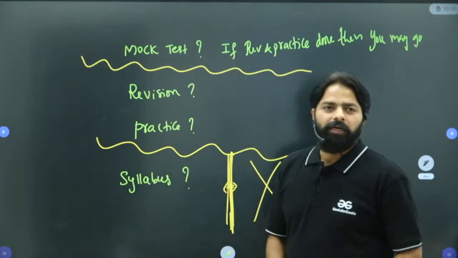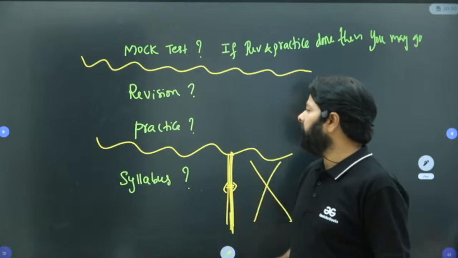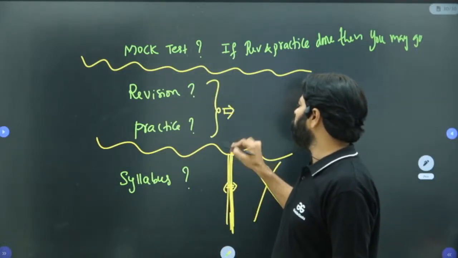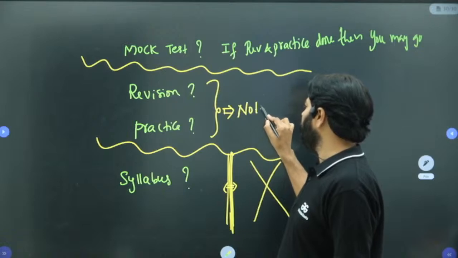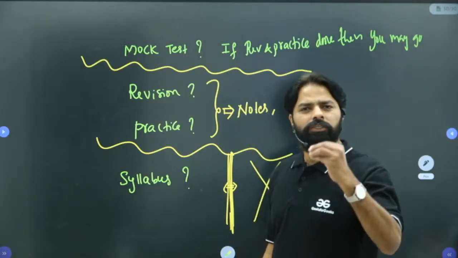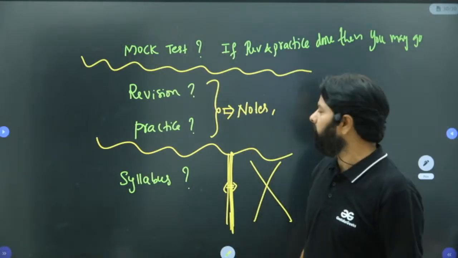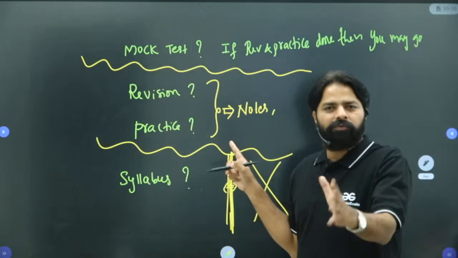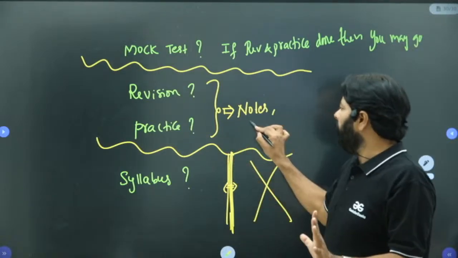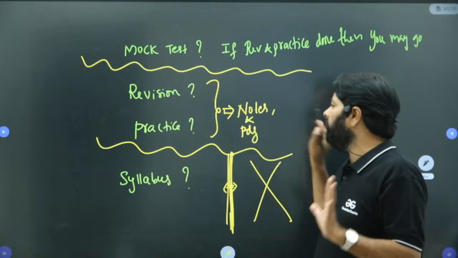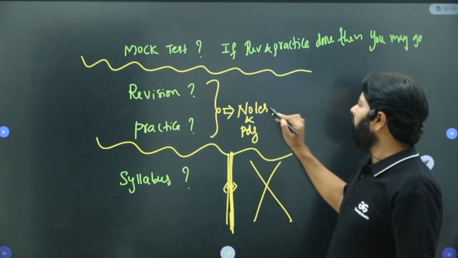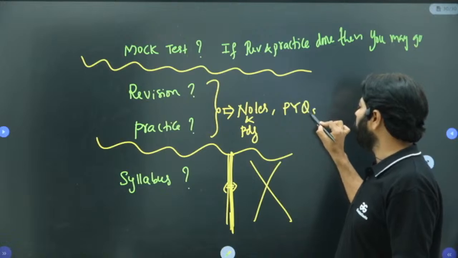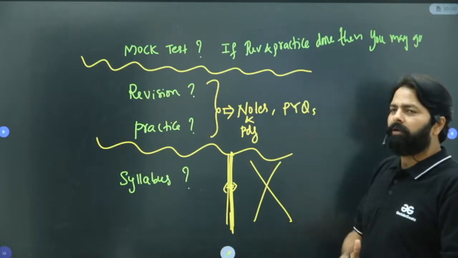But if you have pending revision and practice, then go with revision and practice, and mainly use the notes that you have made. Don't go for any new notes that you have not seen. Only your class notes or the PDFs that you have already studied, remember. And additionally, if you have already seen some of the PYQs that you are practicing, then go with that.